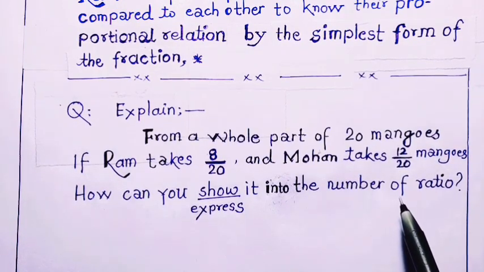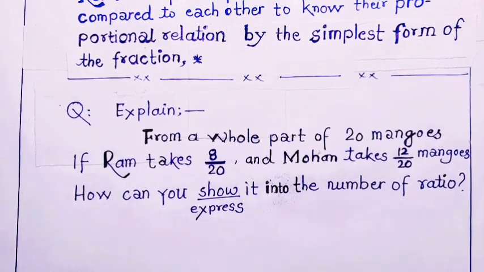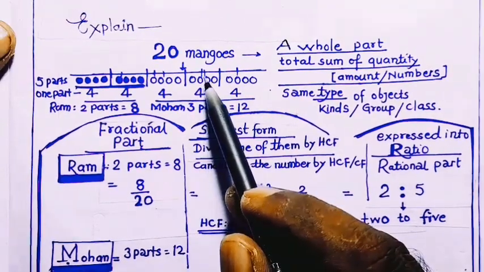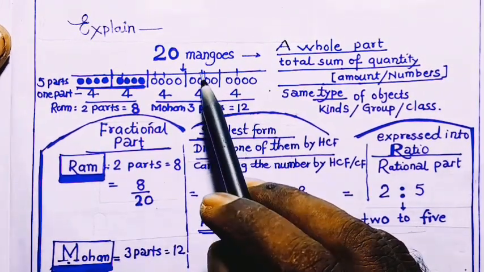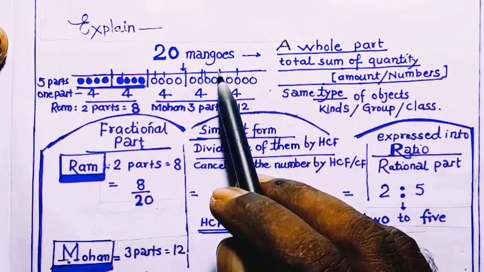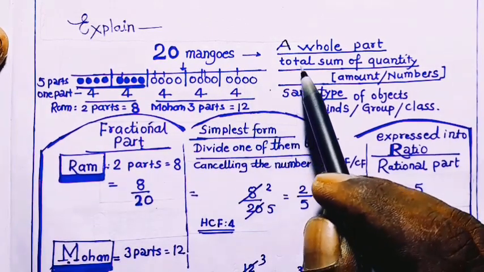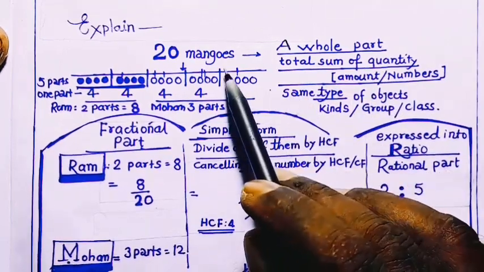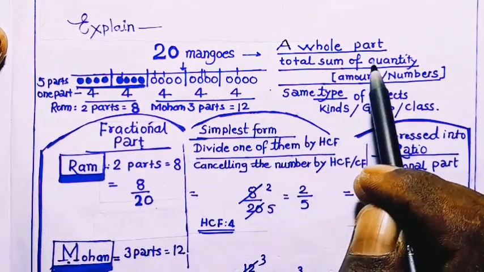Now I am going to explain it. The example starts from here. Suppose that there are 20 mangoes, and all the 20 mangoes are a whole part.